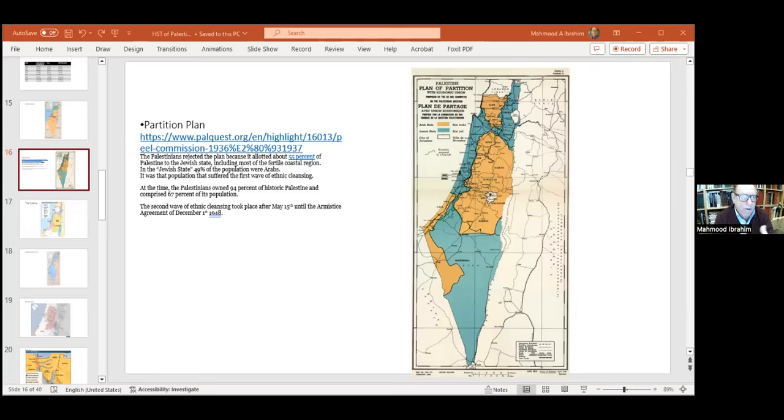Again, this is by force. This is a true ethnic cleansing that was facilitated by the massacres of certain villages, whether in the north or central Palestine or in the south. And actually, more and more, we're beginning to hear that there are massacres that happened that we are still becoming aware of, thanks to the work of certain historians.